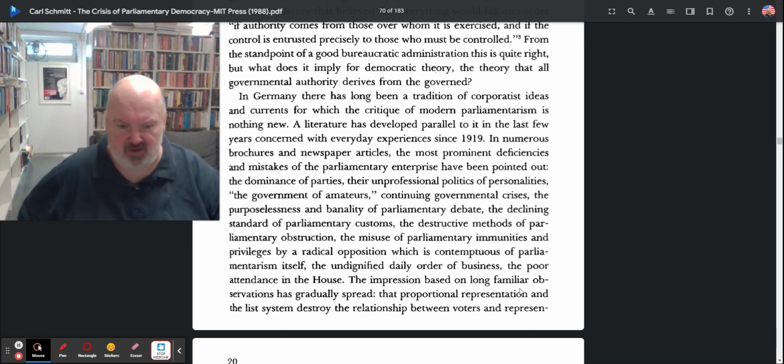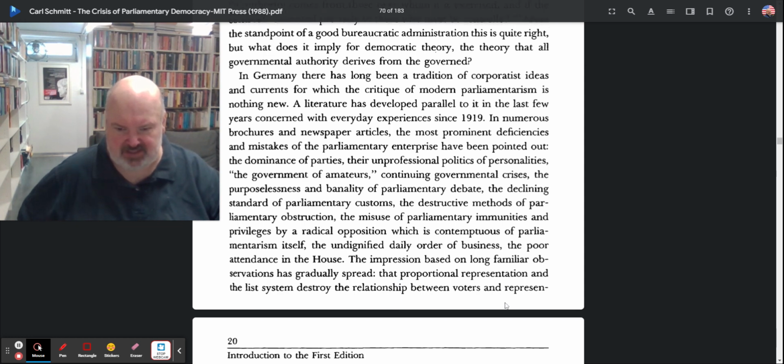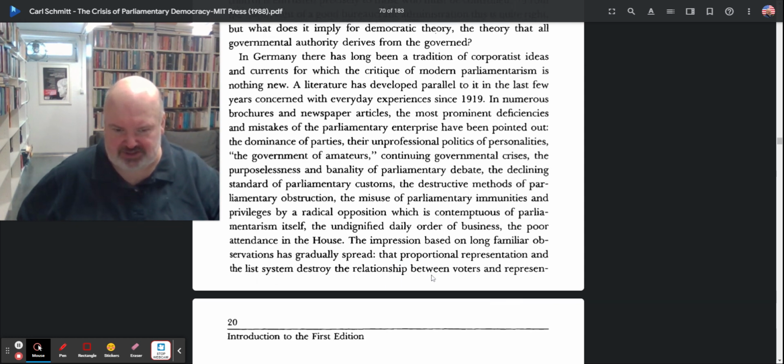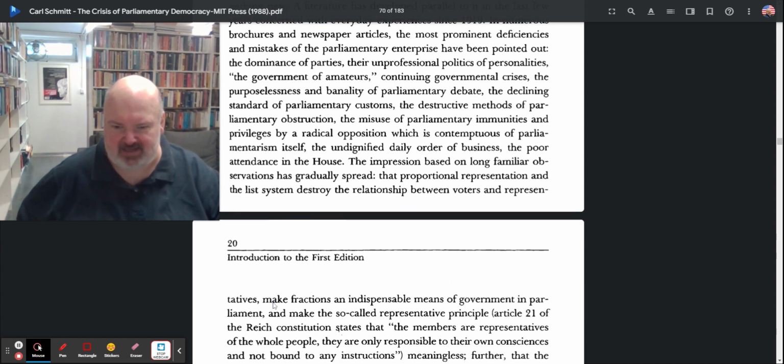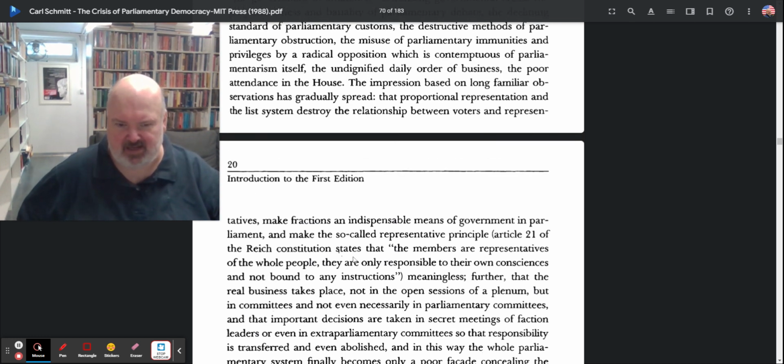The impression based on long familiar observation has greatly spread that proportional representation and the list system destroy the relationship between voters and representatives, make factions an indispensable means of government in Parliament, and make the so-called representative principle of Article 21 of the Weimar Constitution, that the members are representatives of the whole people, only responsible to their own conscience and not bound by any instructions, meaningless.